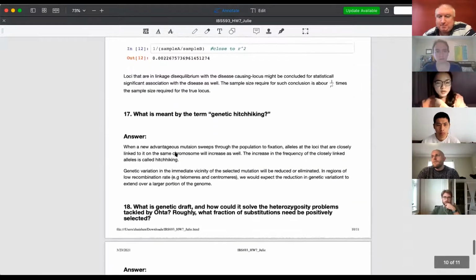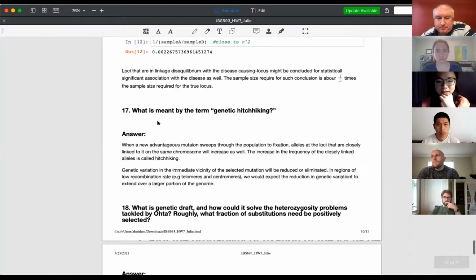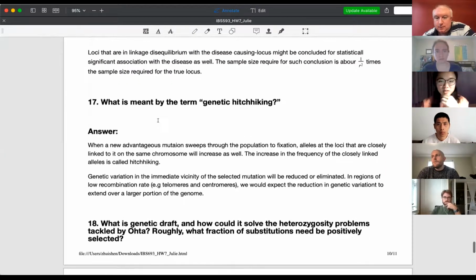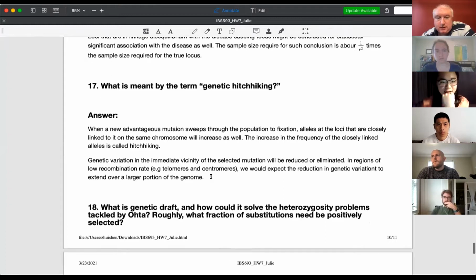So the question is about what is meant by the term genetic hitchhiking. I wrote that when a new advantageous mutation sweeps through the population to fixation, alleles that are closely linked in position to that locus will increase together as well. This increase in those loci is called hitchhiking.